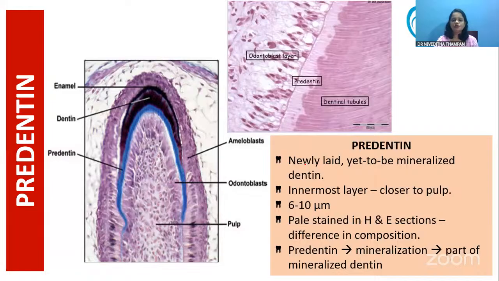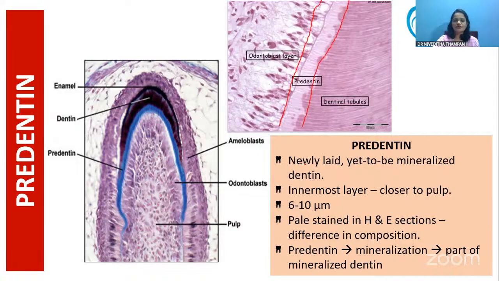Now let's have a look at all the types of dentine that are present. The first formed or newly formed dentine is called predentine. This area that you see is the odontoblastic layer of the pulp, and these are the dentinal tubules.